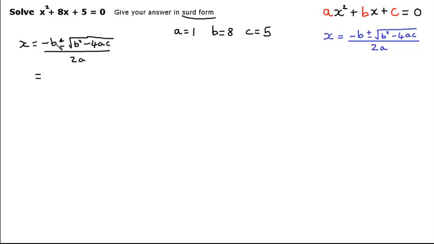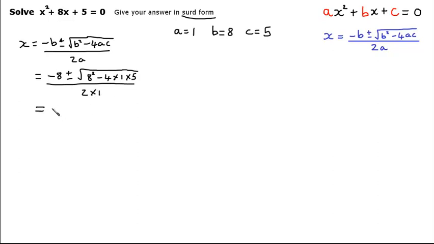Okay, now we've got our values of a, b and c, so we can substitute those in. So minus b is 8, will be minus 8, plus or minus the square root of 8 squared minus 4 times 1 times 5, because a is 1 and c is 5. And all of that is divided by 2 times 1, because a is 1.